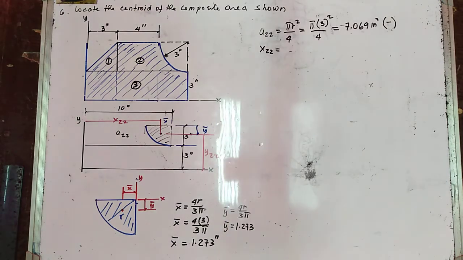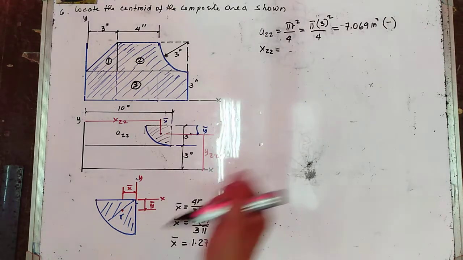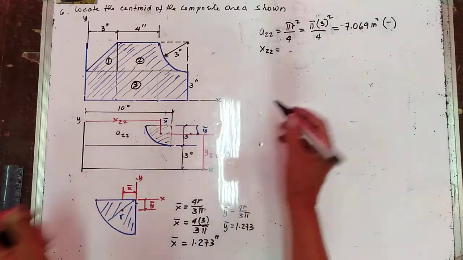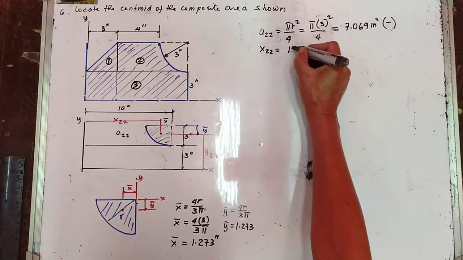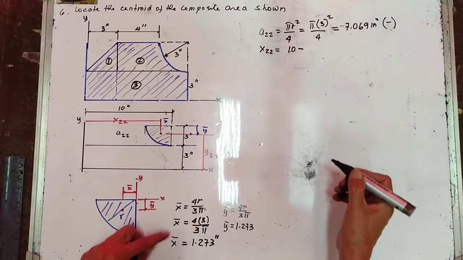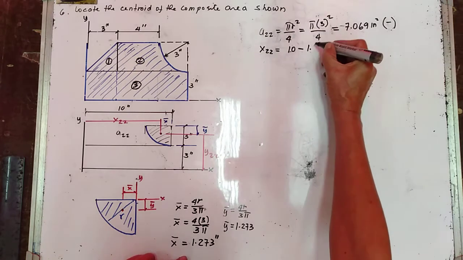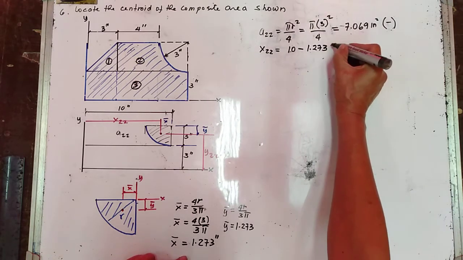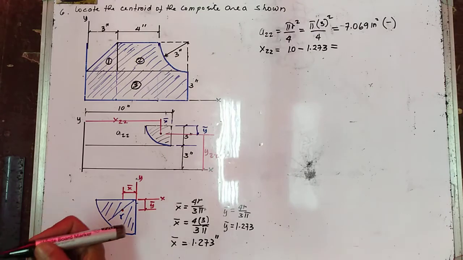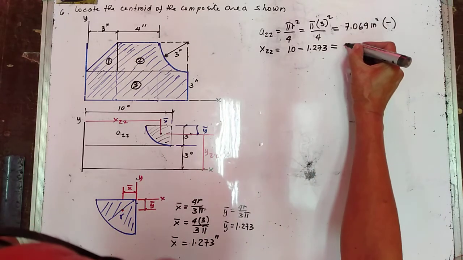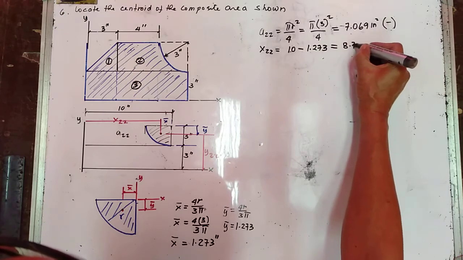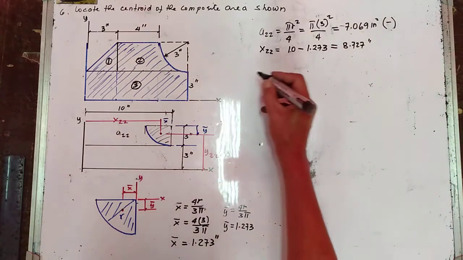Therefore, your x22 is equal to 10 minus bar x, which is 10 minus 1.273, equal to 8.727 inches.